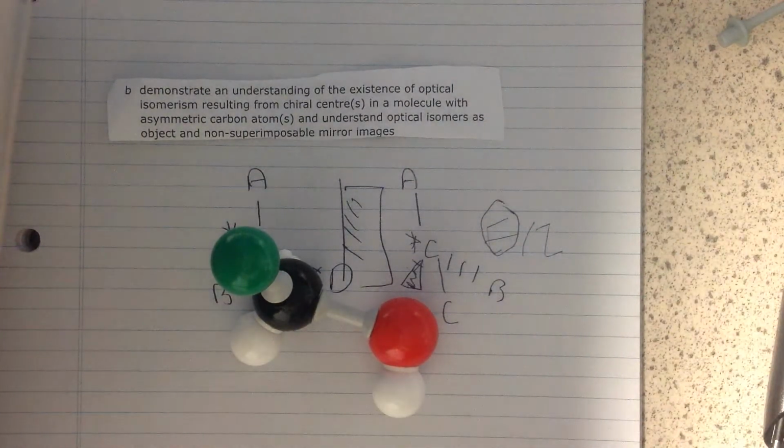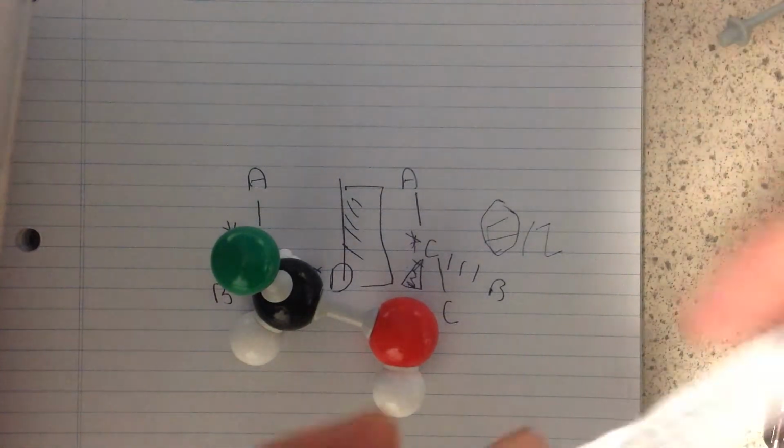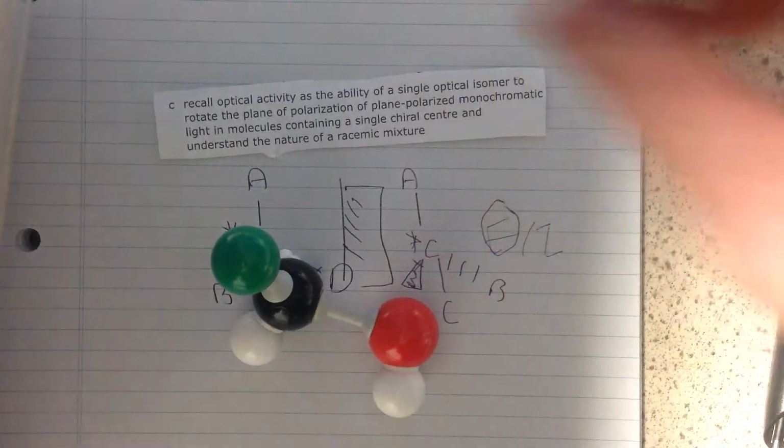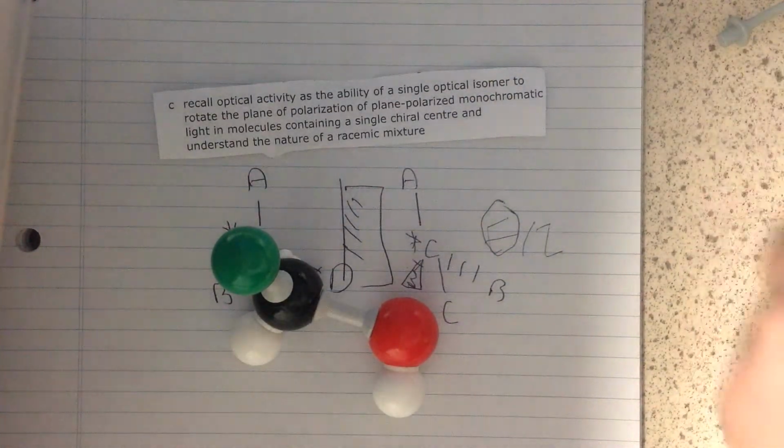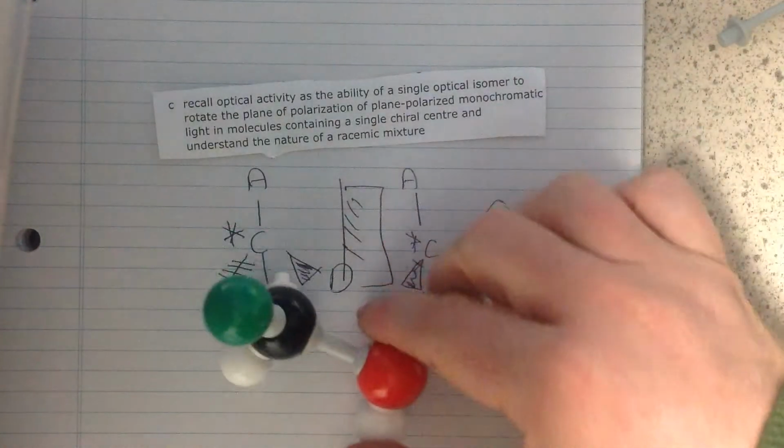Okay, so we can move on to section C, and we can identify these mirror images as being able to rotate a plane of polarized light.